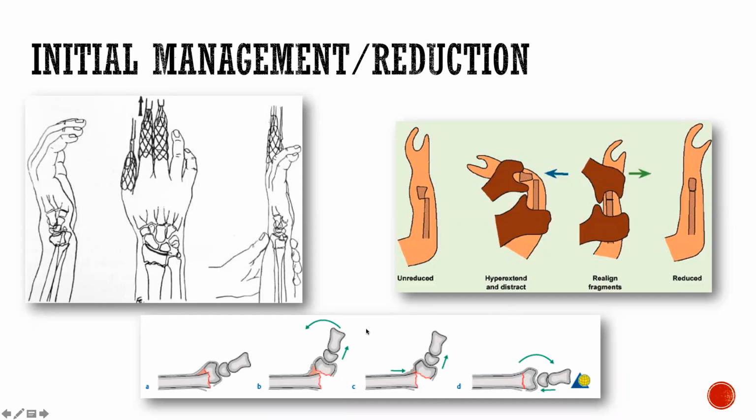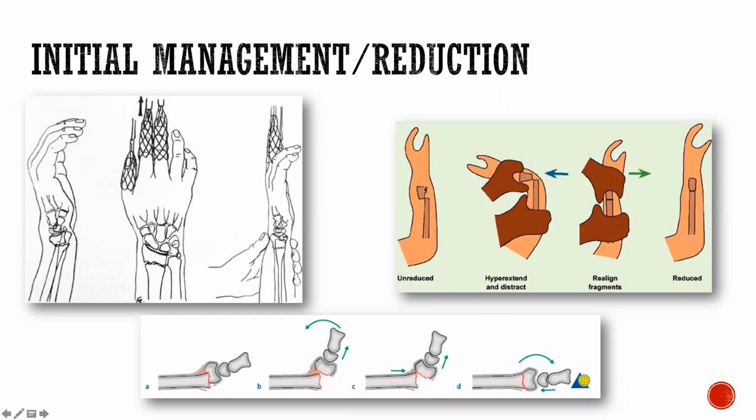So this first image shows the dorsal displacement, and then it shows that by hanging the fingers in finger traps and by putting a counterweight, usually down over a bent elbow, you can attain length. And then by just pushing your finger from P to A, you can reduce that fragment.